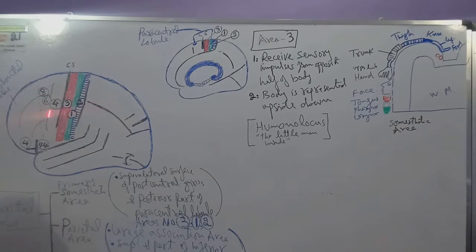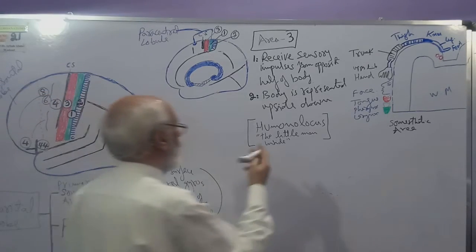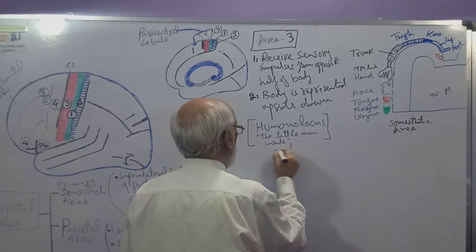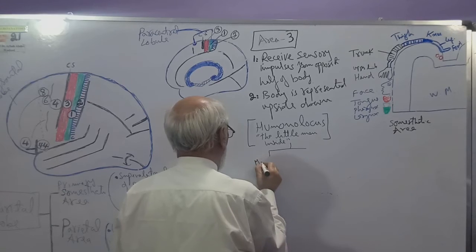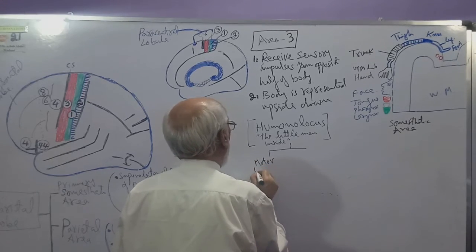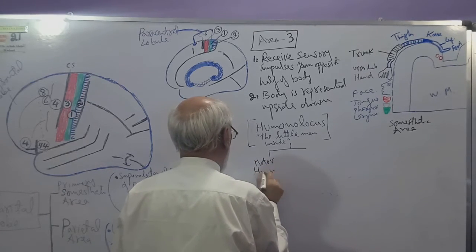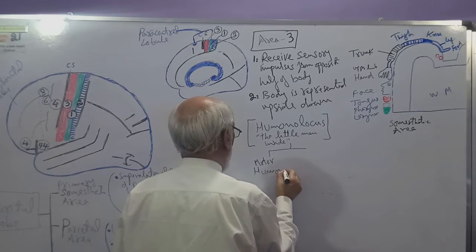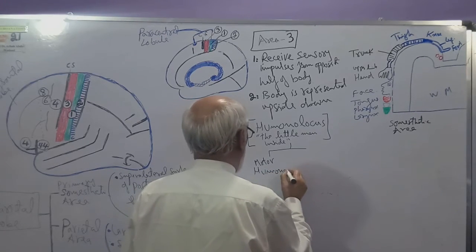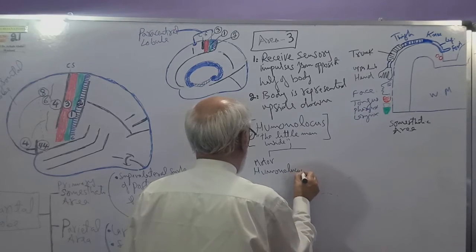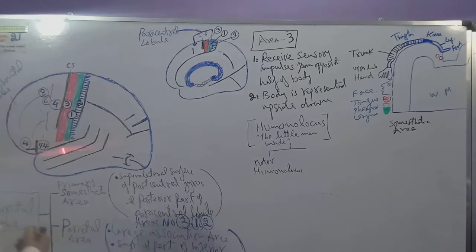Therefore, because we have a motor area and a sensory area, there is a motor homunculus in the precentral gyrus, motor area 4, 6, 8. Similarly, the sensory area has the sensory homunculus.